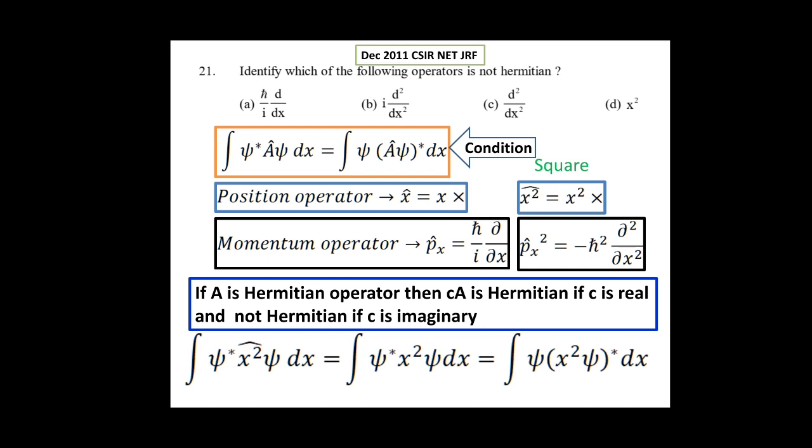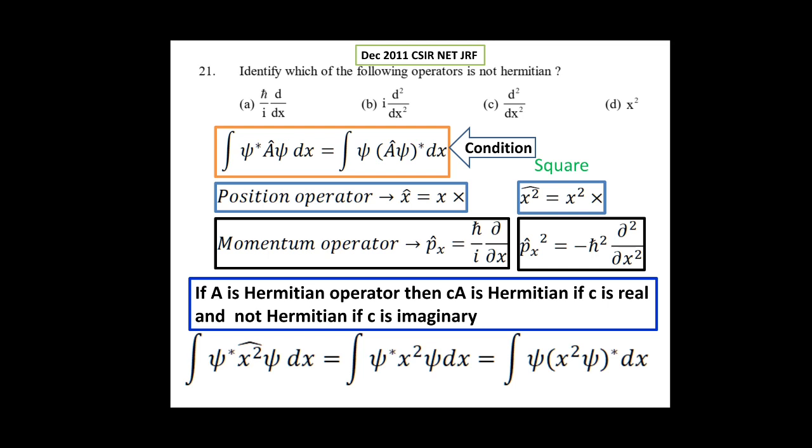Now if you square any Hermitian operator, the square will also be Hermitian in nature. The x square you can also derive very easily using the condition I have given in the orange box; if you see at the bottom, it is very easy to do that. So x square is also a Hermitian operator. That means option A and option D are Hermitian operators.